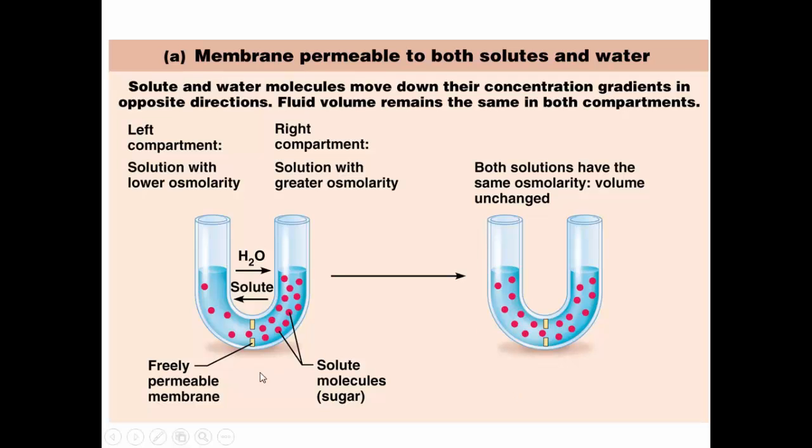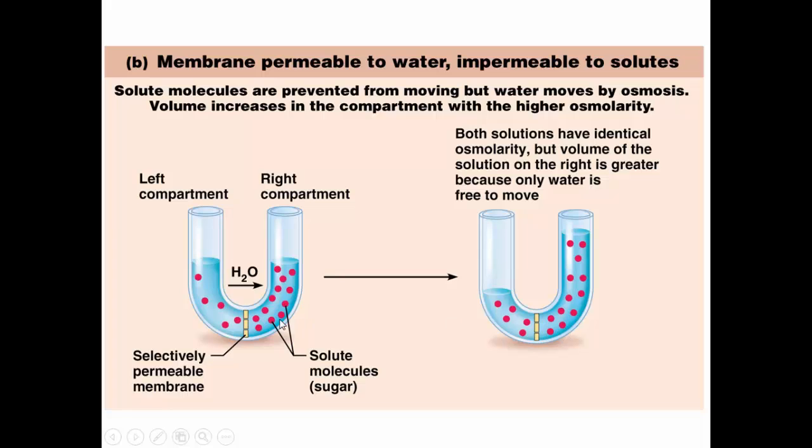Now here is a case where we have an uneven concentration of molecules on two sides of this membrane. This membrane is permeable to these molecules, and so over the course of time, the molecules redistribute themselves in the two solutions on either side of the membrane. In this instance, however, we still have the same inequality of molecules, but these molecules can't get through the membrane.